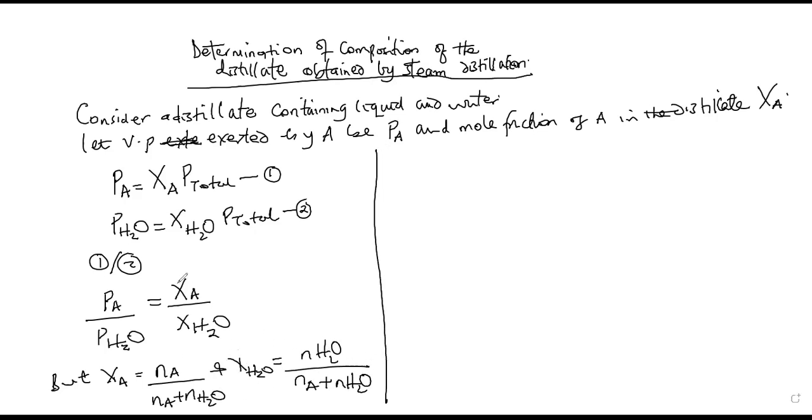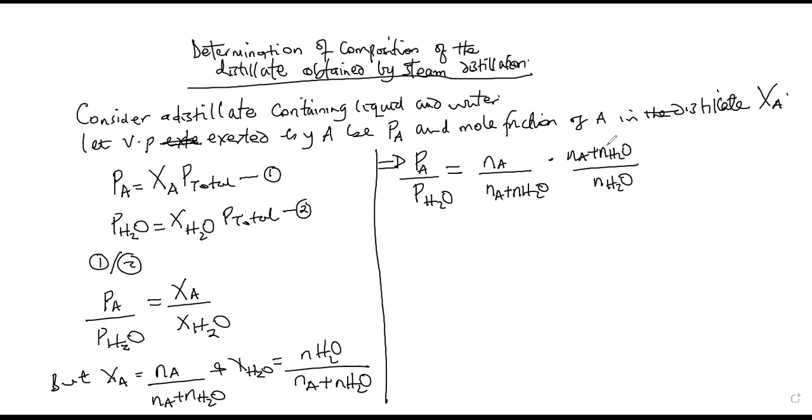We can plug these in, so PA over P water equals NA over (NA plus N water), divided by N water over (NA plus N water). These totals cancel, and we have PA over P water equaling number of moles of A over number of moles of water.